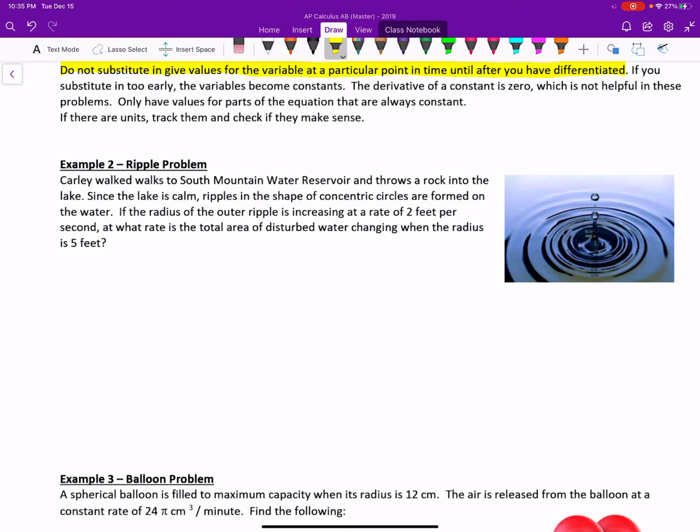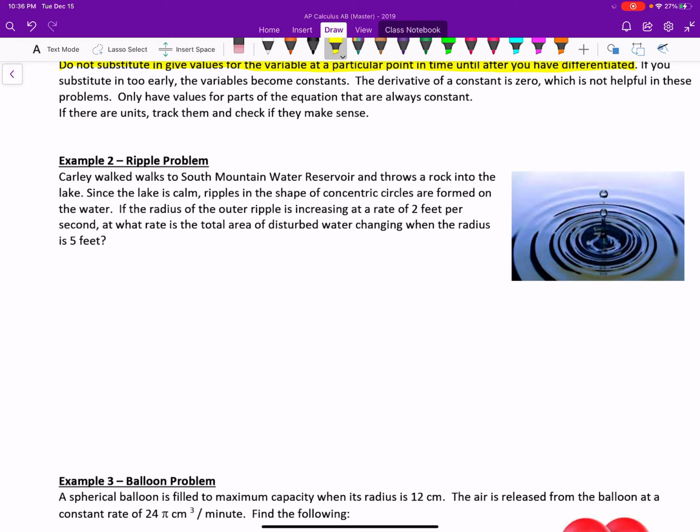So if you think about how ripples in water work, you are going to use the area of a circle. The total disturbed part of the water is the circle, depending on how far out the ripples have reached. So I know I need to use the formula for the area of a circle, which is pi r squared.